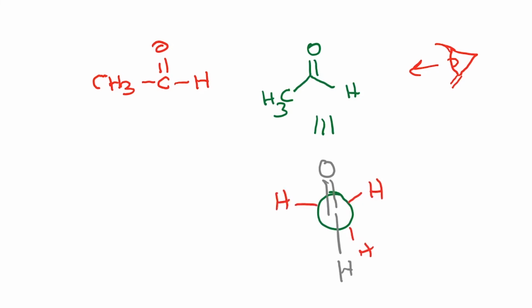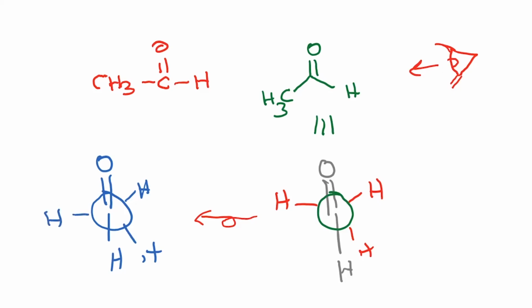Okay, so this could be one conformation. Now, if I do a rotation, we're going to get another conformation, where the C double bond O is here again in the front, and maybe this time the hydrogen is going to be here. In your free time, you can practice the various rotations around this carbon-carbon bond.